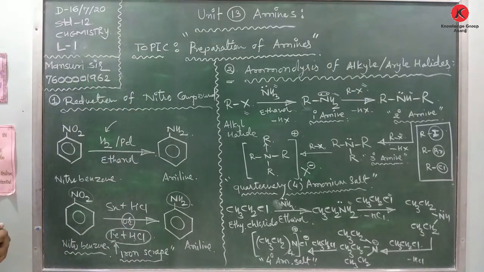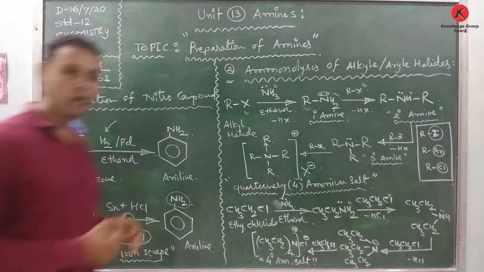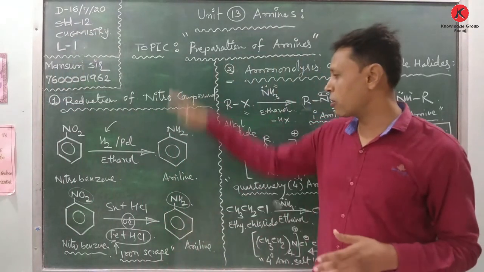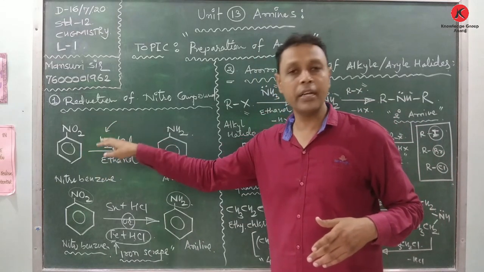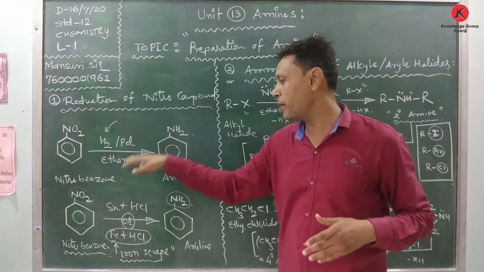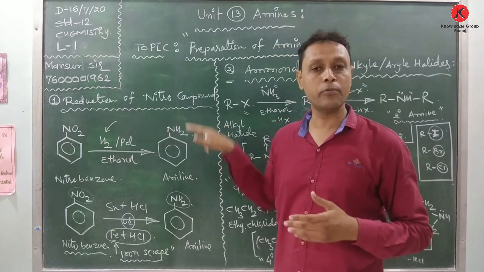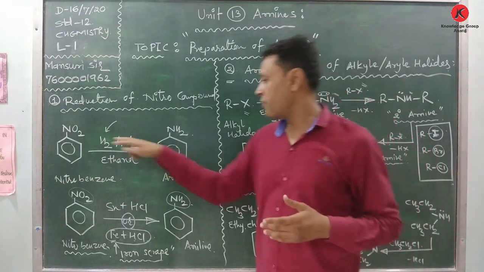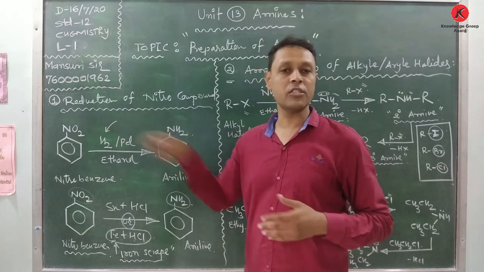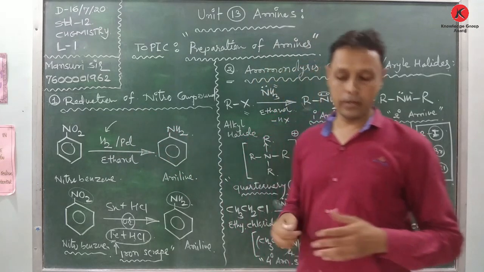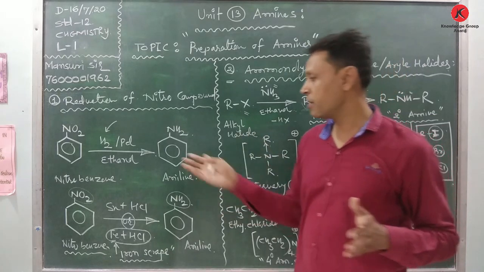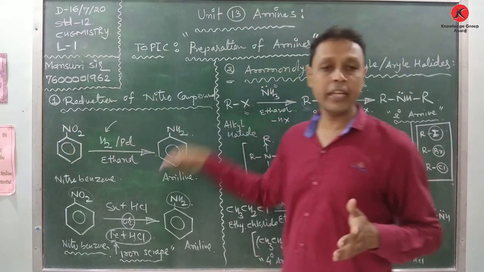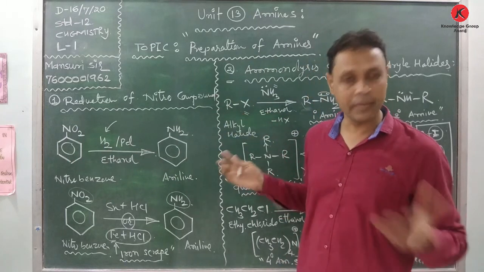Now once again, reduction of nitro compounds. Let us talk about reduction of nitro compounds. When nitrobenzene is taken in presence of H2/Pd in ethanol, then aniline is obtained. That means when hydrogen is passed in presence of nickel metal, platinum or palladium with nitrobenzene, we can obtain aniline, aminobenzene or benzenamine.